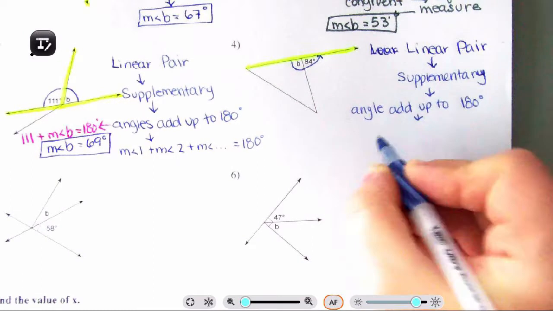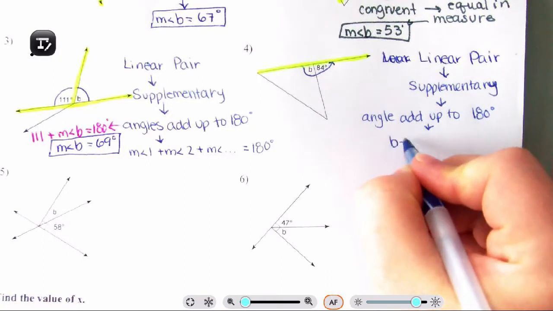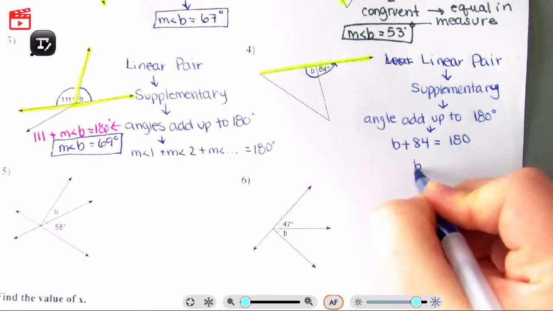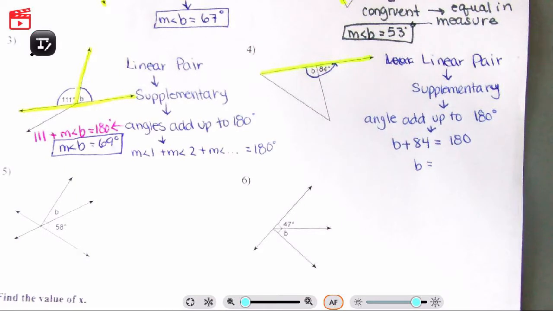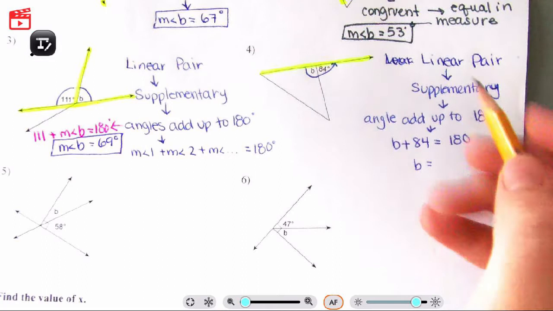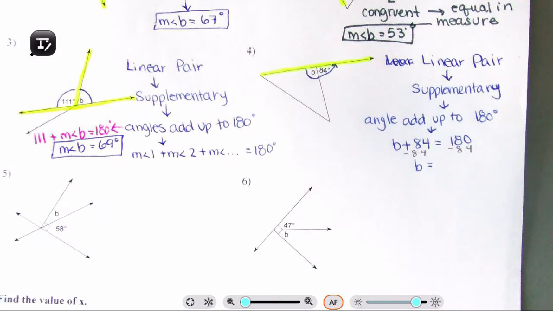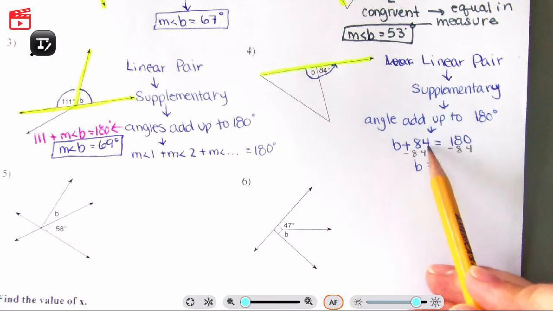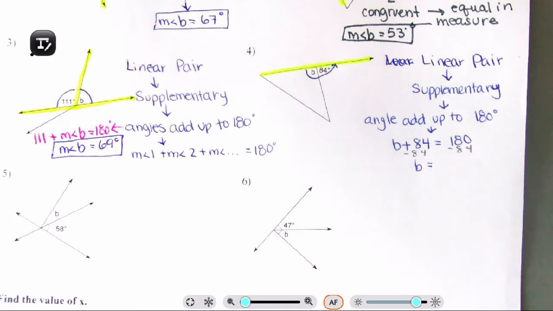So in this case, that means B plus 84 is equal to 180 degrees. So B is equal to what? What do I add to 84 to get to 180? You can also subtract 84 from both sides and see if that's easier. The way I'm thinking, if B is 100, 100 plus 84 is too much. It's too much by 4. So what is 100 take away 4?